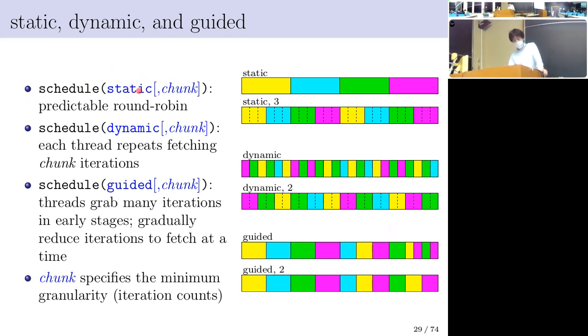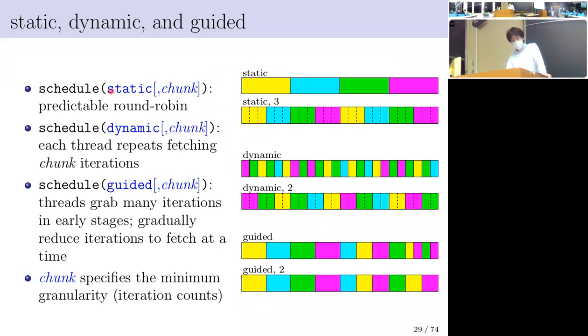When you say this, it's simply a very predictable round robin way of dividing the entire iteration space. Let's say, for example, 0 to n-1, and you have 4 threads.